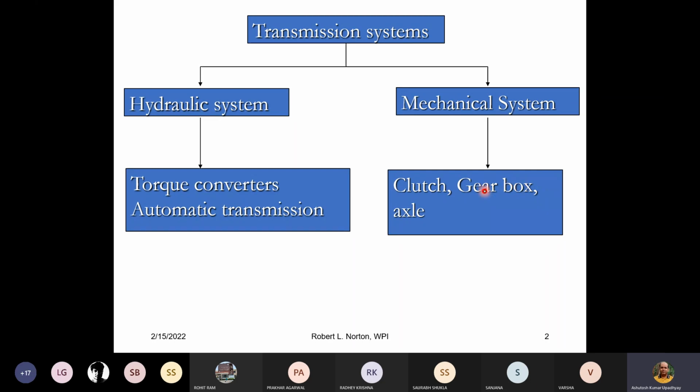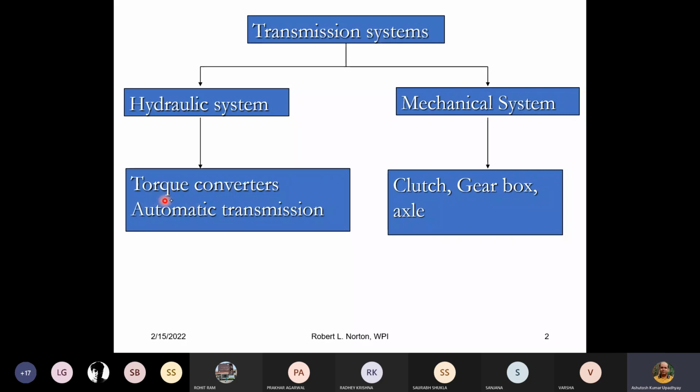The hydraulic system means you use the properties of the fluid, and you utilize those properties to transmit the torque. You remember here we are transmitting the torque as well.